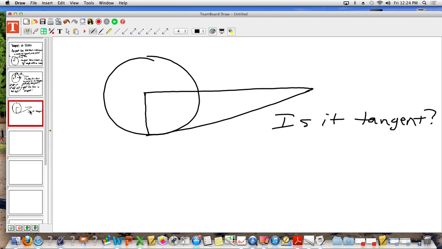Let's say this segment right here is 20, and the radius is 4, and from here to this point out here is 18. And your job is to figure out whether or not that segment is tangent.